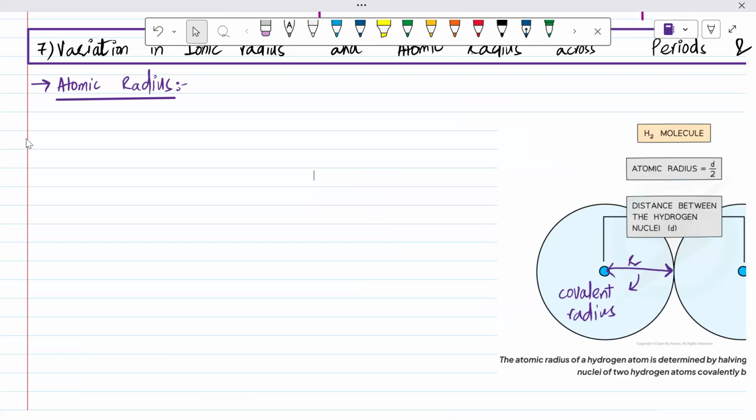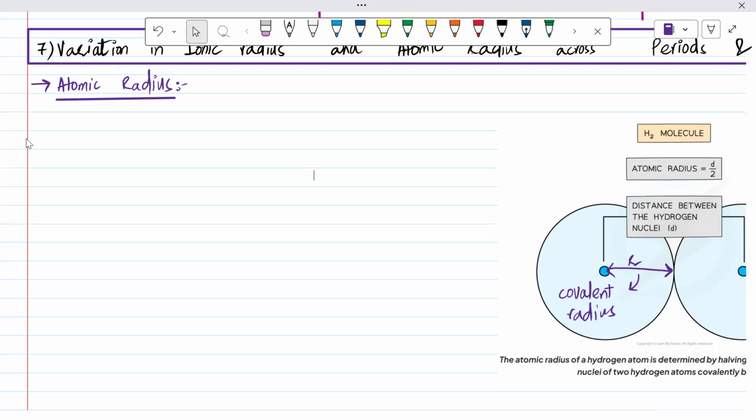We don't have any periodic table for atoms. Why? Because atoms are too small. In general we talk at the elemental level. So whenever you discuss the radius, you will discuss the element's radius, and we can determine the element's radius by the atomic radii.